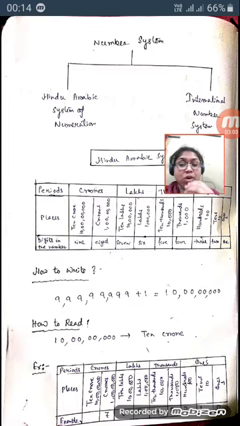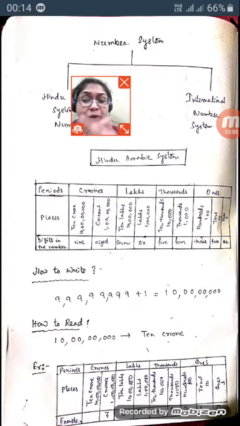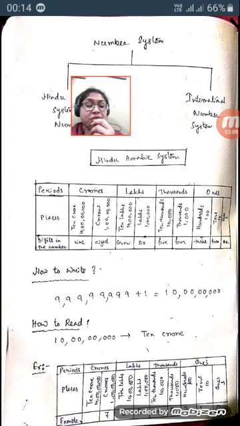As we know, the period for ones will take 3 digits, the period for thousands will take 2 digits, the period for lakhs will take 2 digits, and the period for crores will take 2 digits. So we will divide each period by a comma. So how will you read this number? You will read this number as 10 crore.